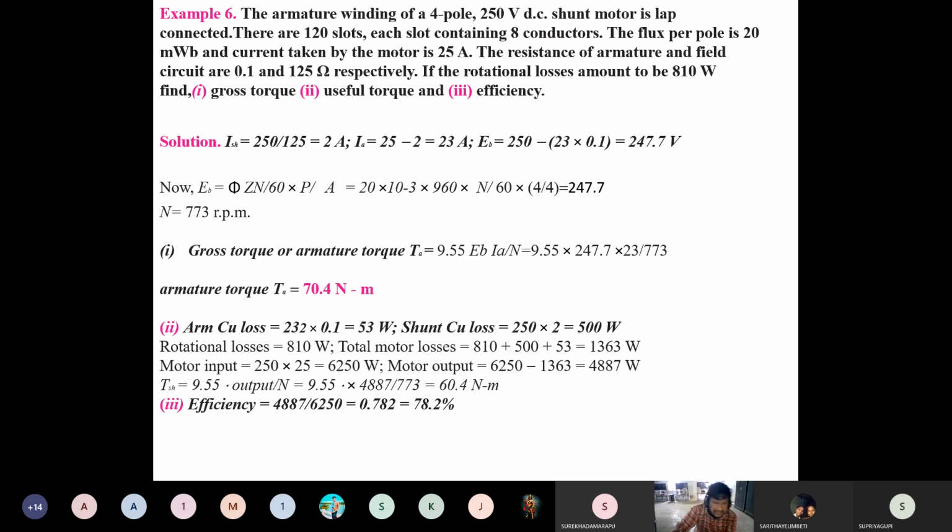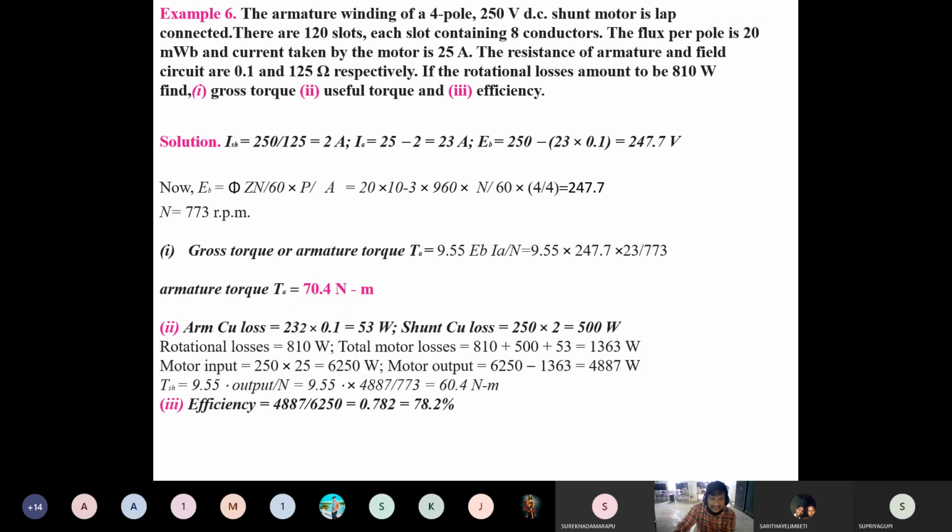So first determine armature copper loss, which is equal to armature current Ia square Ra, right? Ia 23 square into Ra 0.1. So this value is 53 watts. Shunt field copper loss is nothing but Ish square Rsh.